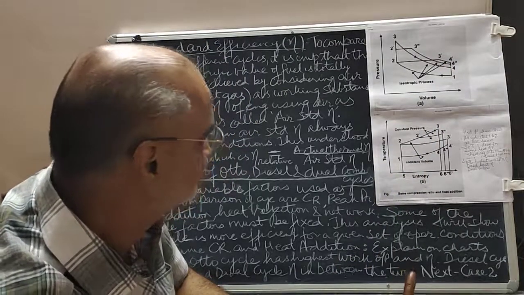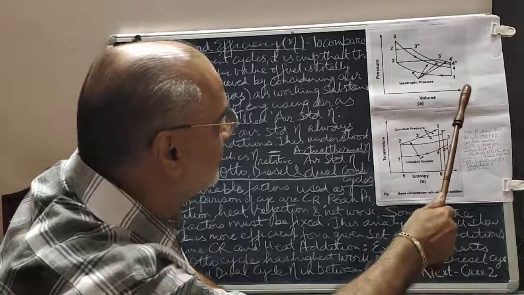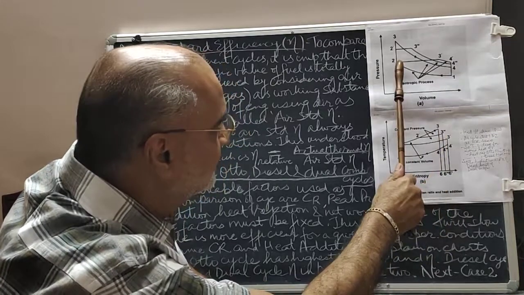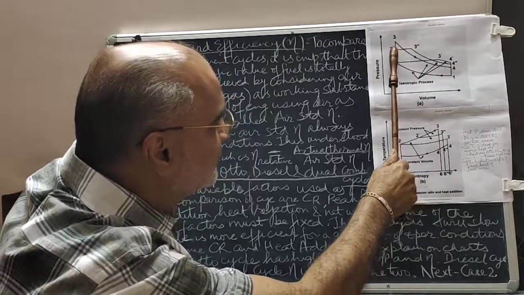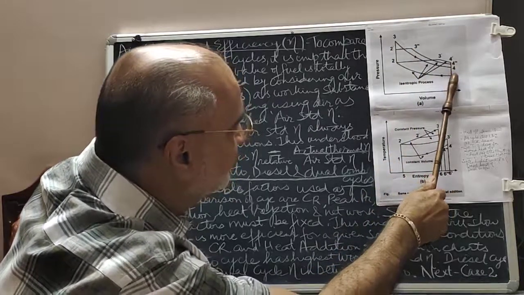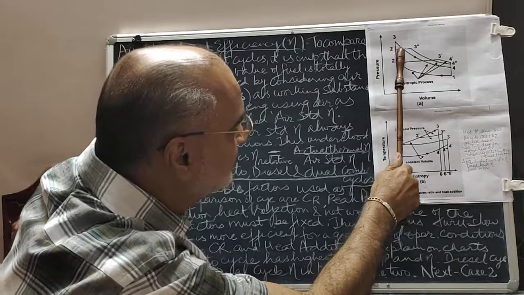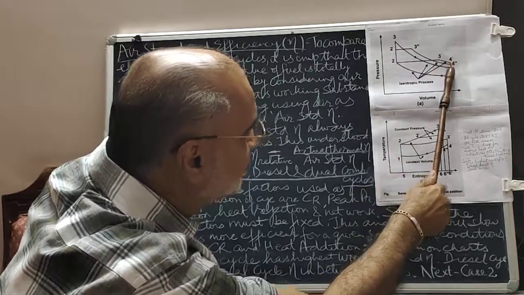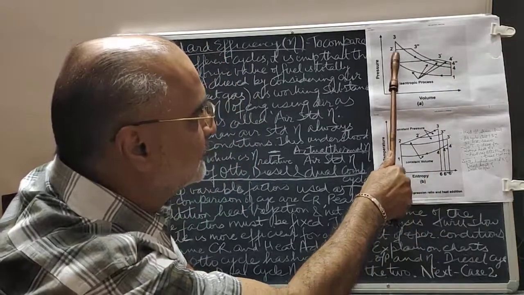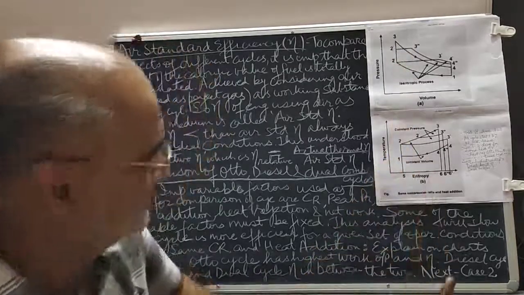The dual combustion cycle, which we've seen previously, is 1, 2, 2 dash, 3 double dash, 4 double dash, 1. This is the petrol part, the diesel part. This we have covered.